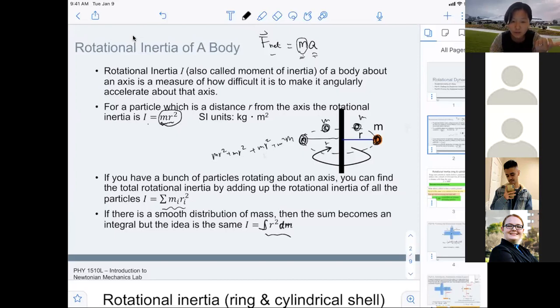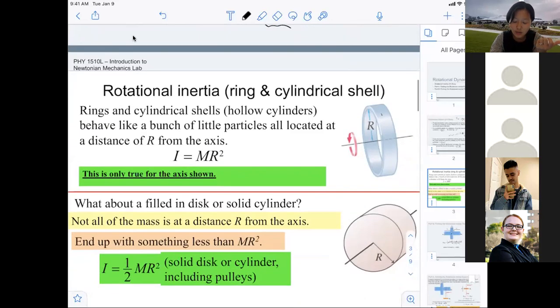So for a ring, you can view it as many little particles all at the same distance away from the center. Every one of them is a little mass, and they are all added together to become the total mass m. So the rotational inertia for a ring is the mass of the ring times radius squared.